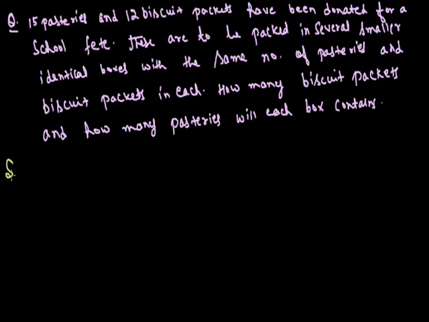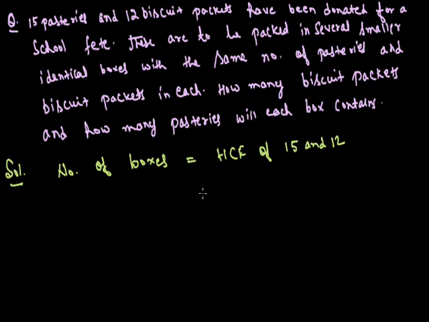Now solution for this problem. We have to find how many biscuit packets and how many pastries each box will contain. First we have to find the number of boxes. Number of boxes is equal to HCF of 15 and 12, which is equal to 3.